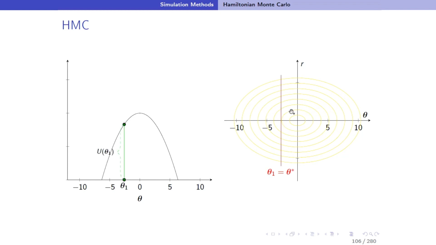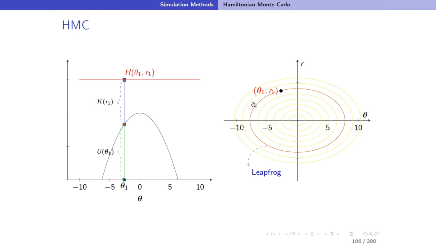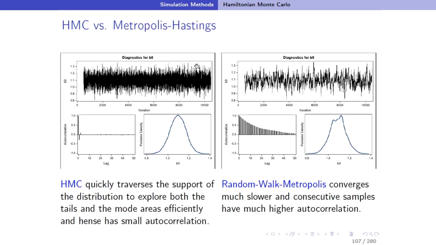Once you get to the new point, you create additional potential energy, which is the density variation, and the kinetic energy, and you form a new contour that lets you sample. Then the Markov chain moves more rapidly because of this. Here is a picture of it.